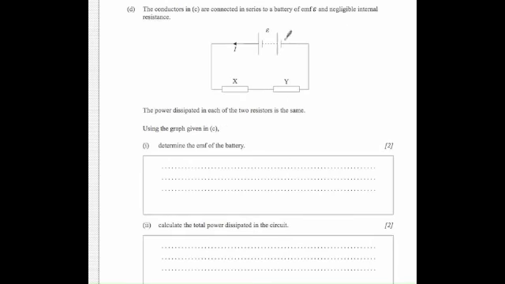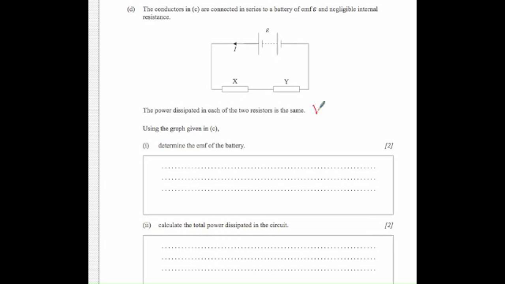Now part D, we have those two conductors that were shown in the previous graph, X and Y, connected in a circuit. And first we need to use the graph to determine the EMF of the battery. Now, if the two conductors are connected in series, one thing we can say is that the current passing through X must equal the current passing through Y. And the question also tells us that the power dissipated in each of the two resistors is the same.